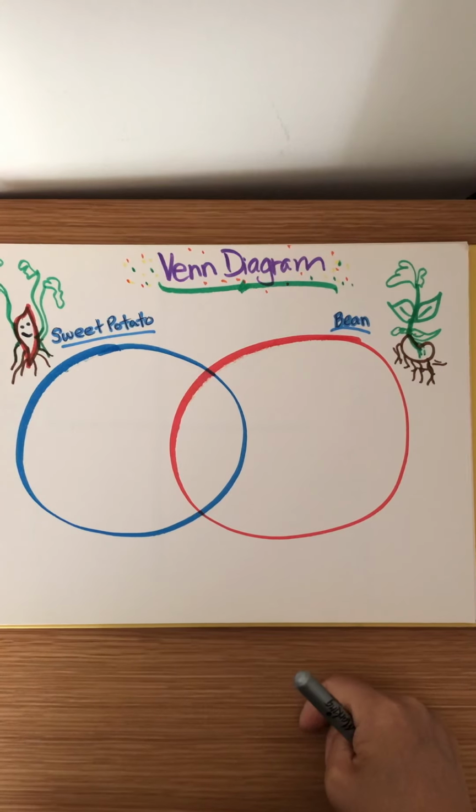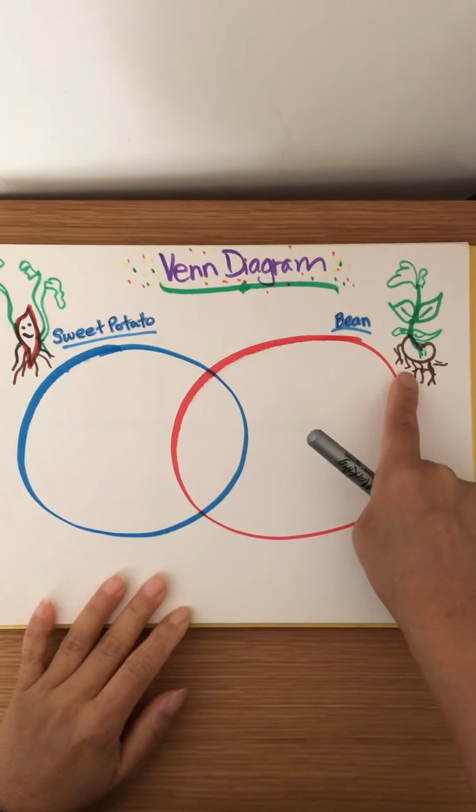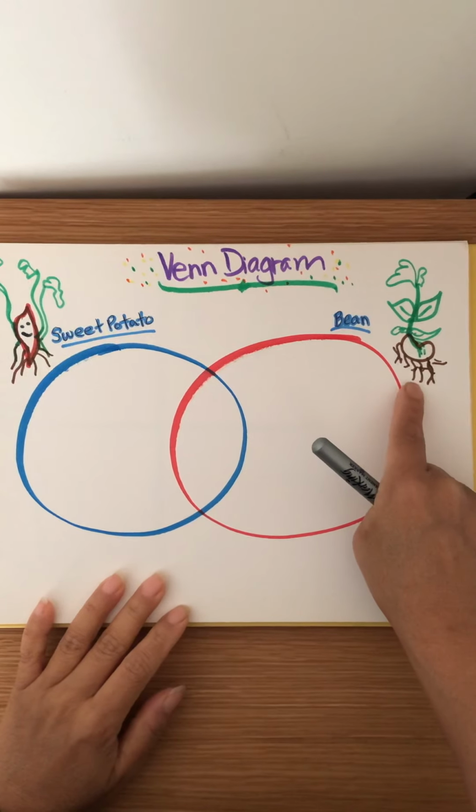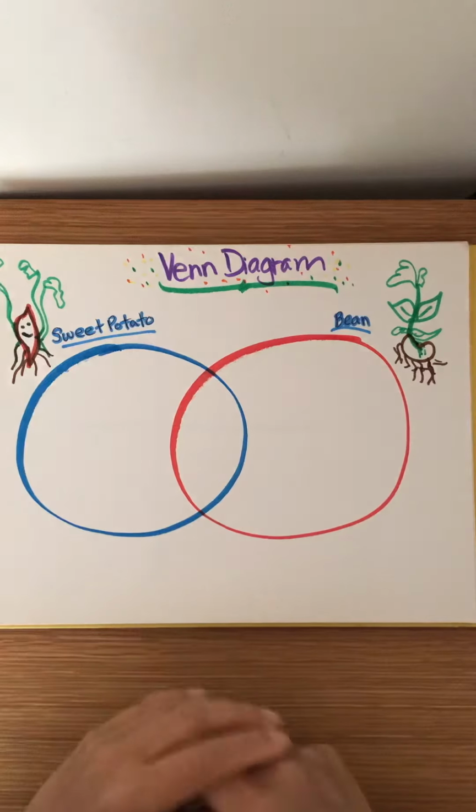Now, some of us did the sweet potato experiment in May, right? And some of us did the bean experiment as well. So we had different groups doing different things.